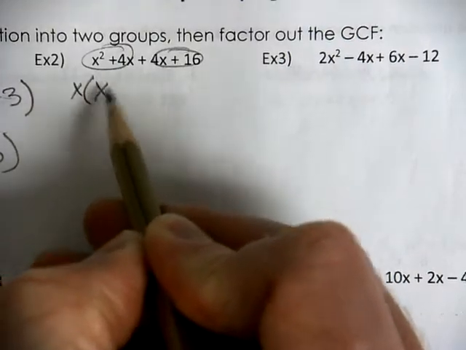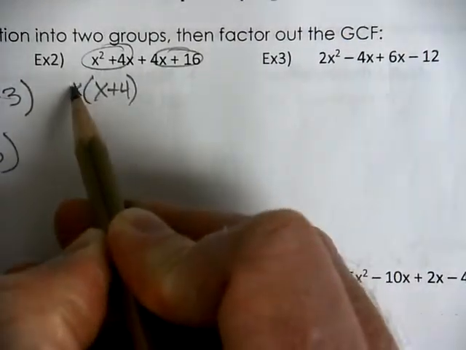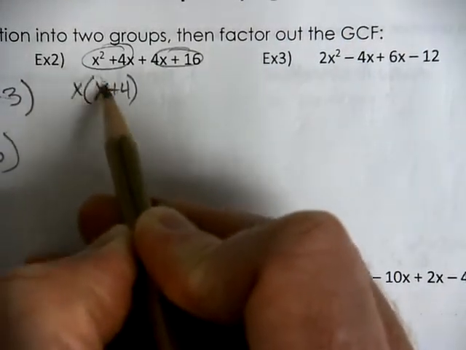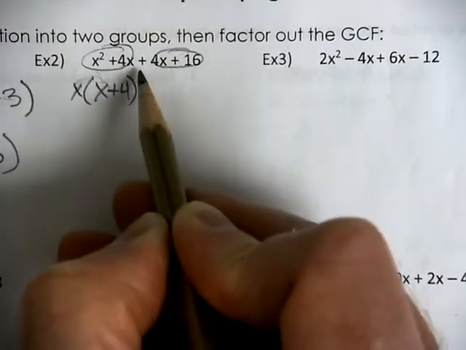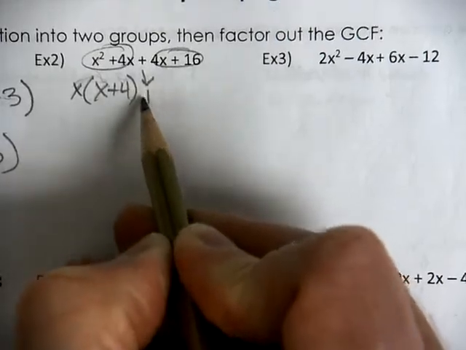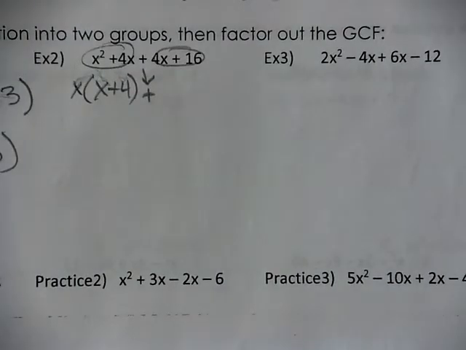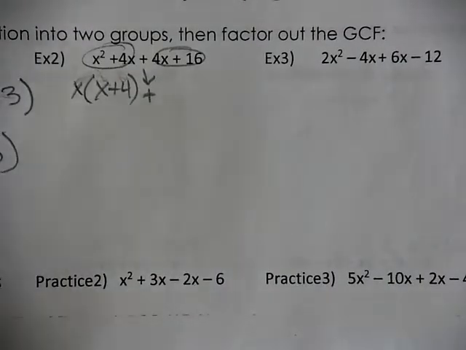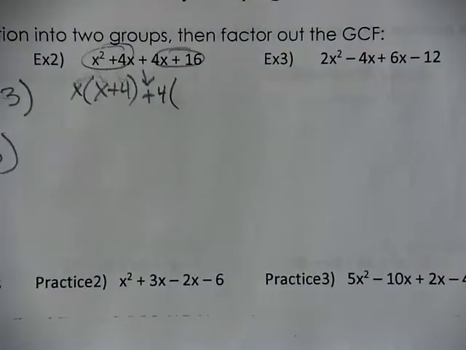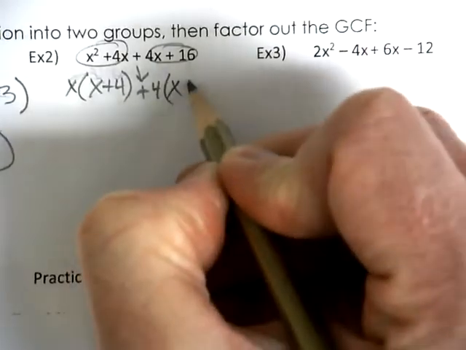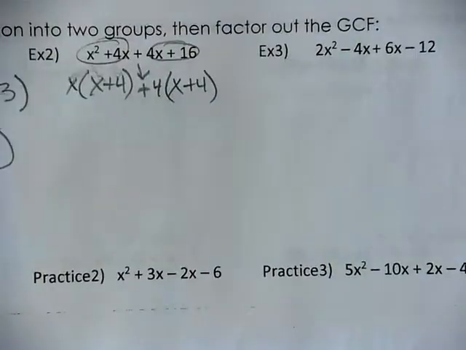That's going to leave us an x and a 4 left inside because x times x gives us x squared, and x times 4 gives us 4x. Bring down your sign. You can factor out a 4. That leaves us an x and a 4 left over.